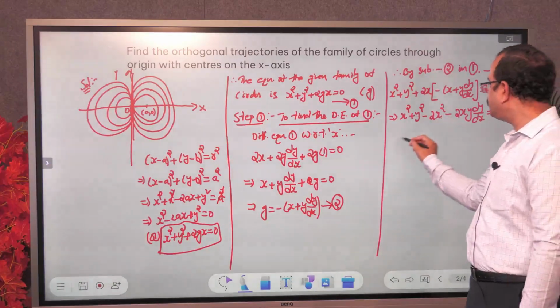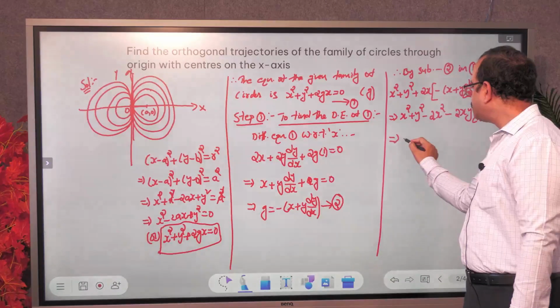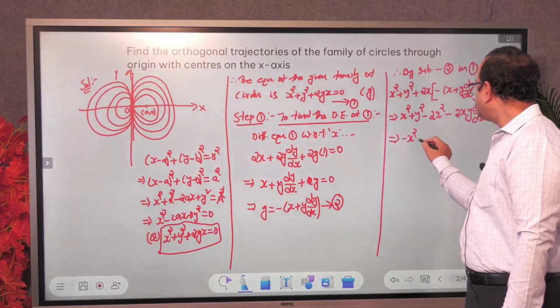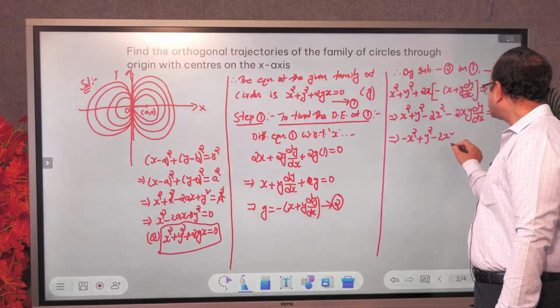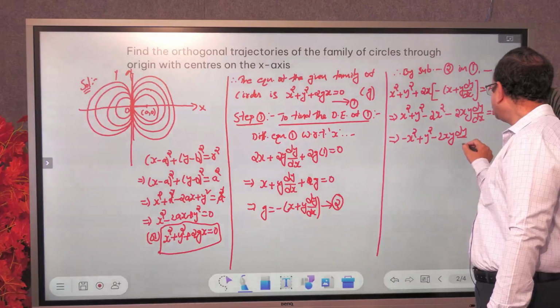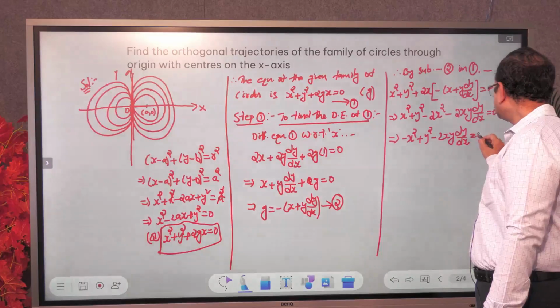So here x square minus 2x square means minus x square, plus y square minus 2xy into dy by dx is equal to 0.